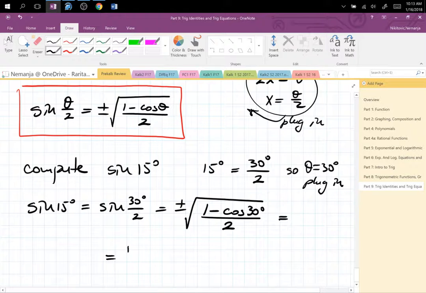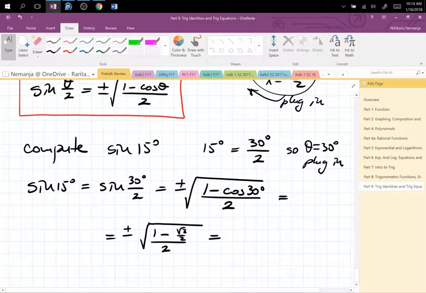You have plus minus the square root of 1 minus the cosine of 30, and the cosine of 30 is root 3 over 2, divided by 2. Now, I'll just point here and say 15 degrees is in Q1, quadrant 1.